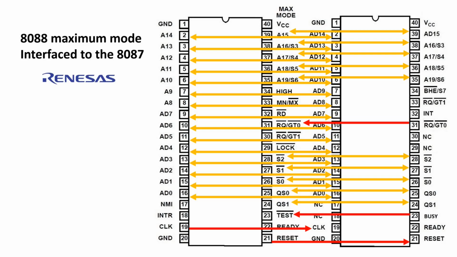You can see that one of the request grants of the 8088 is used by the 8087, and we can see pin 23 of the 8087 is called busy, and that goes back to the special input called not test on the 8088.